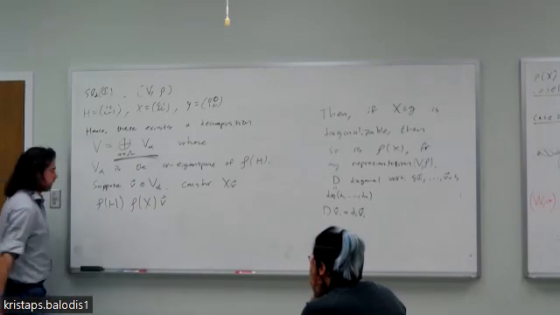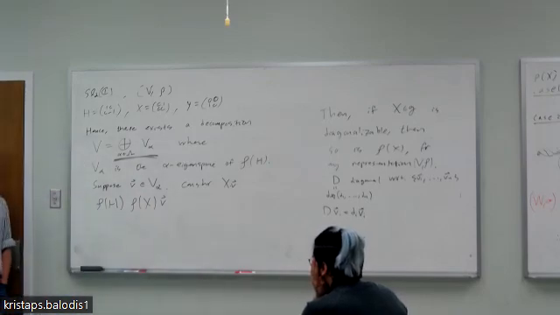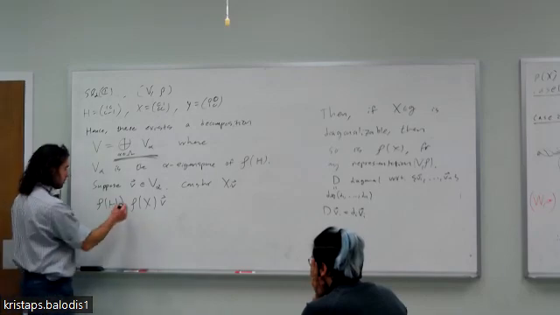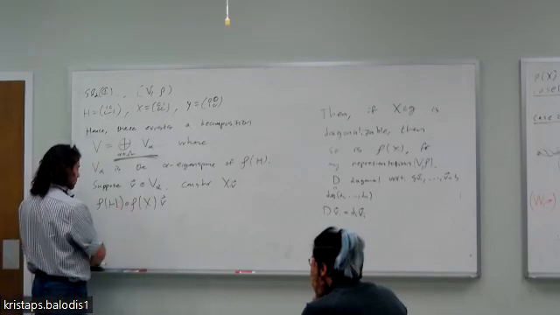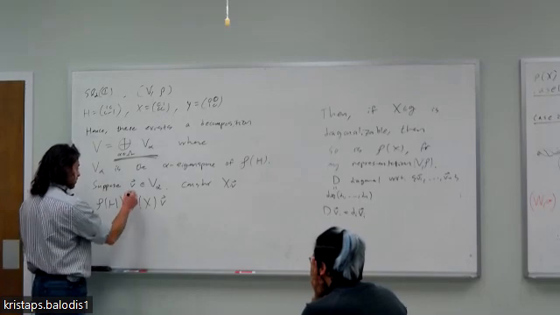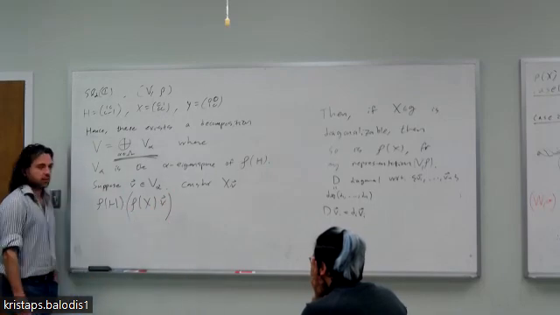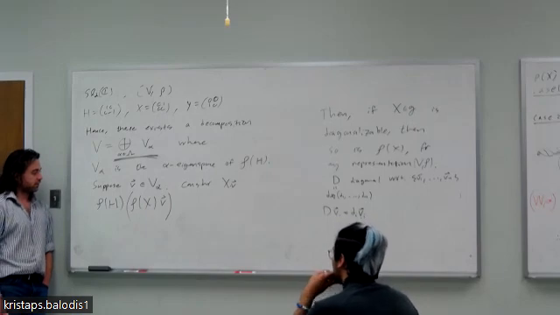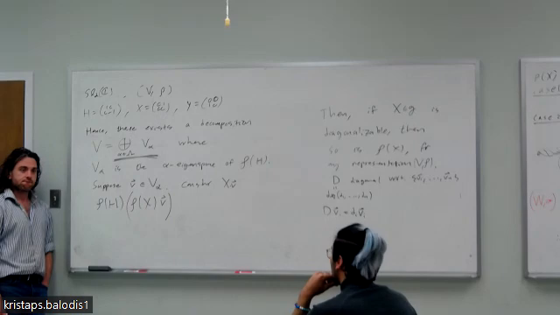So this is what we're doing: row H acting on this.